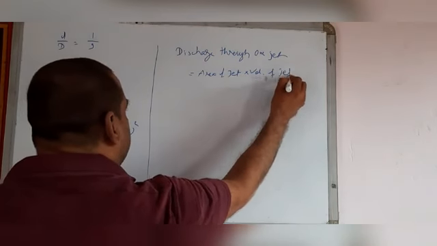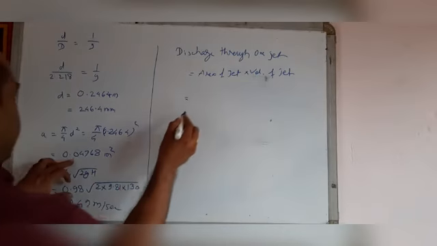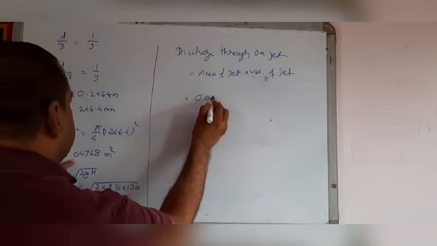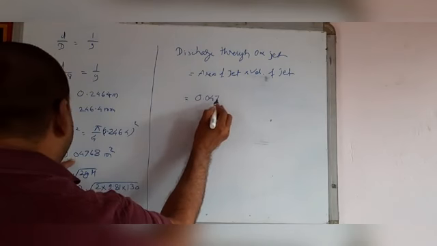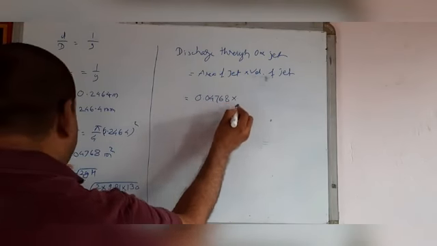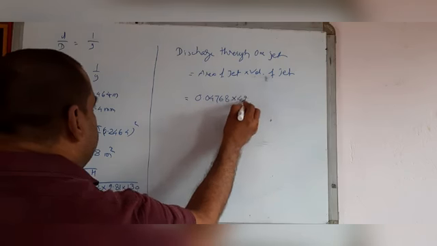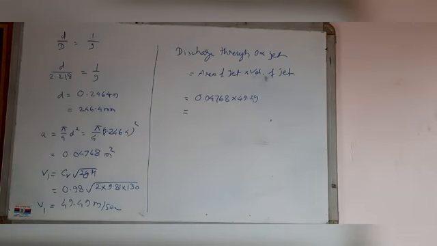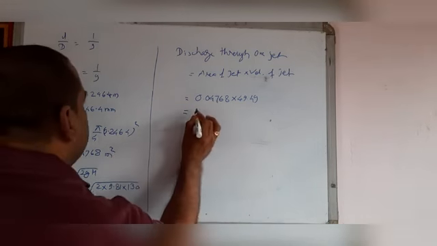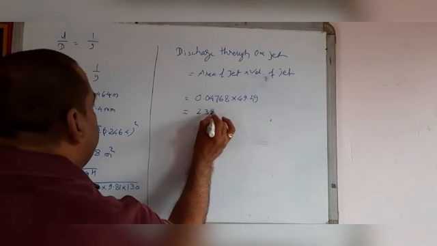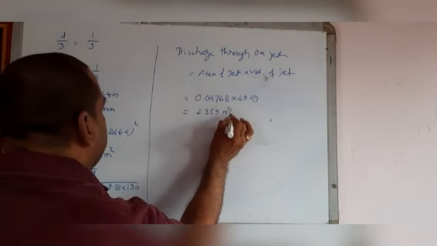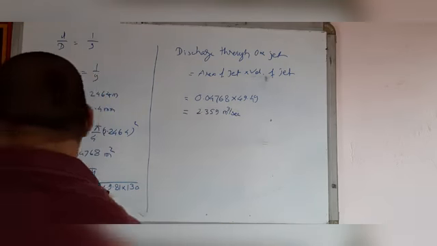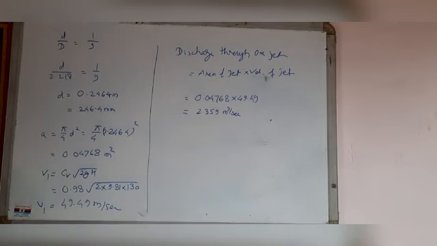This area is 0.04768 into velocity 49.49. So the discharge through one jet comes 2.359 meter cube per second.